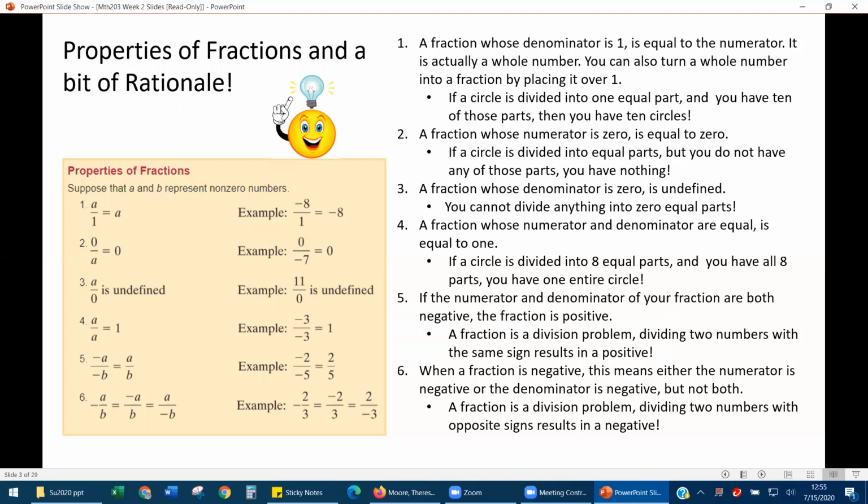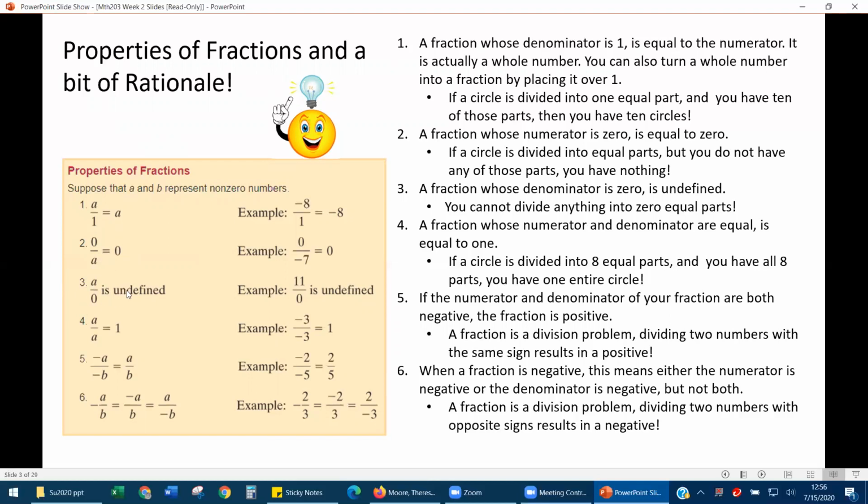Because if you have a whole unit and it's not divided into equal portions, if it remains the one whole unit, and you have 3 of those such units, 3 over 1, that means you have 3 whole units. A fraction whose numerator is 0 is equal to 0. Because if you have a pizza cut into 5 slices, but you don't eat any of those slices, you've eaten 0 pizza.